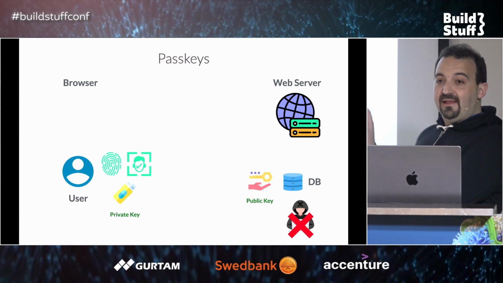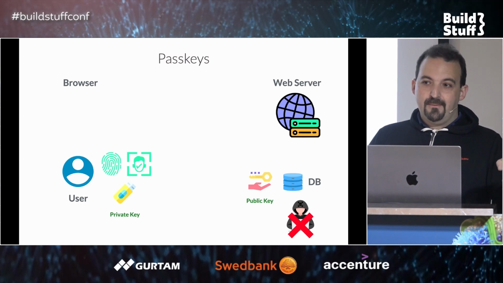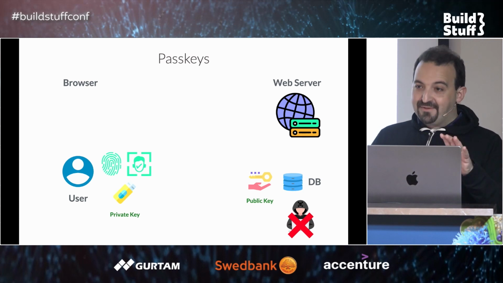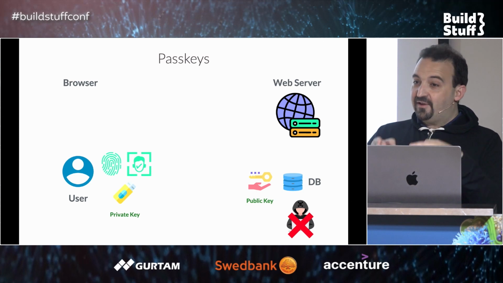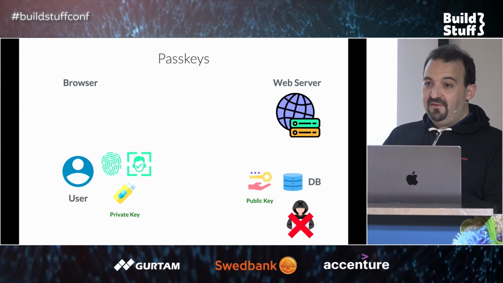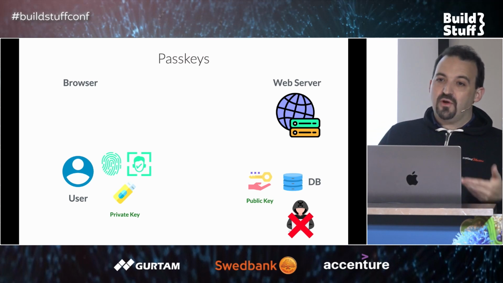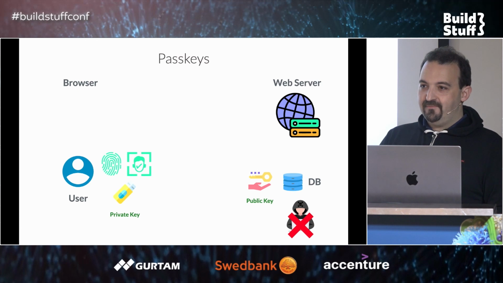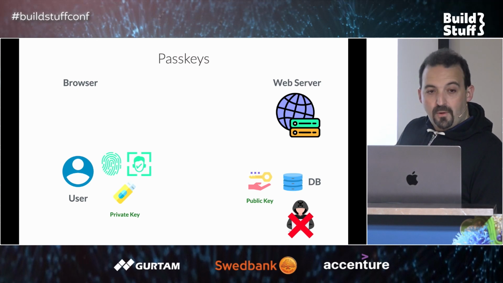Well, something that I didn't tell you yet is that passkeys are origin-based. The passkey that we created is only for that website and that origin. The browser will check the origin, and if it's not paypal.com, it cannot use that passkey. That means that data breaches are not a problem anymore.